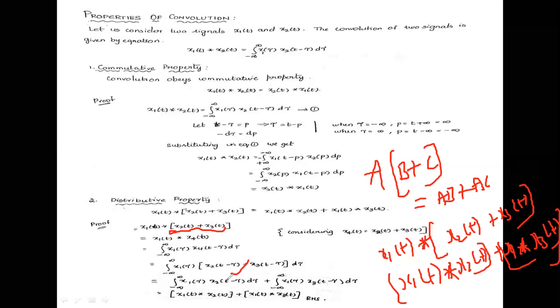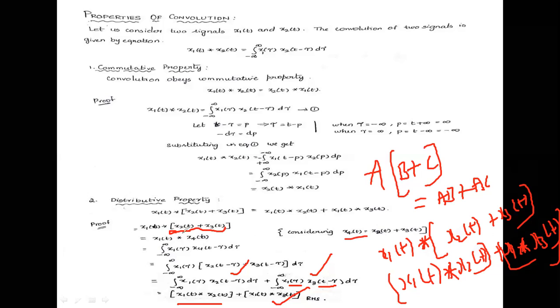The first integral is the convolution of x1 and x2. In the second term, x1 of tau and x3 of t minus tau d tau is the convolution of two functions. Whatever is in the parentheses, x2 and x3, assume it as x4, then x4 and x1, the convolution definition you can apply here.